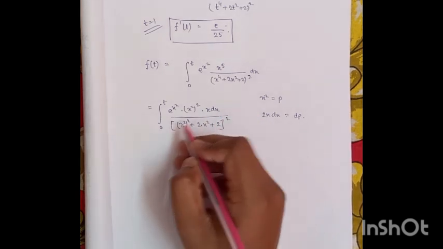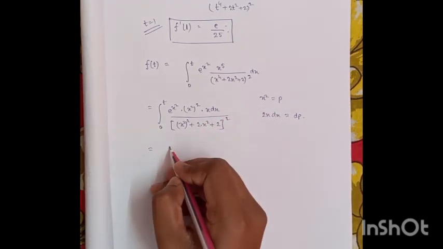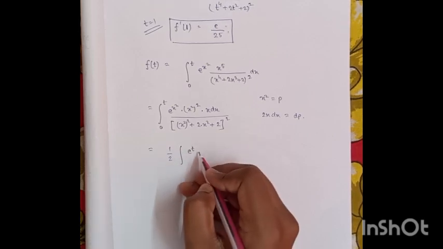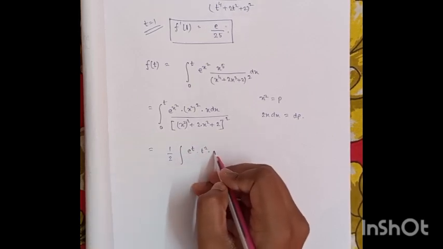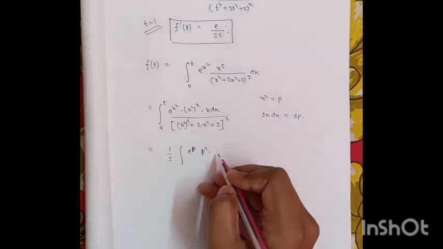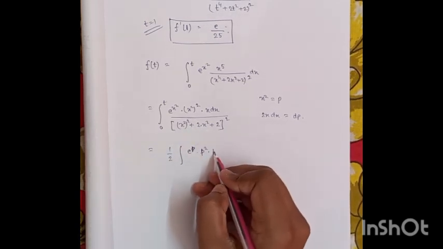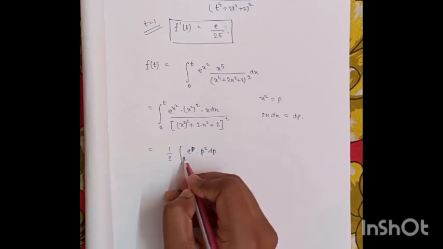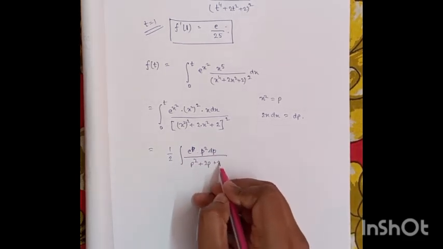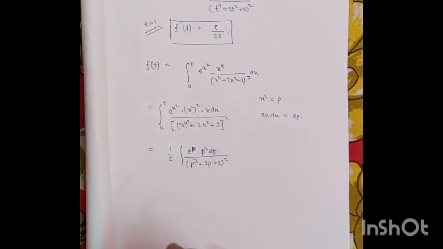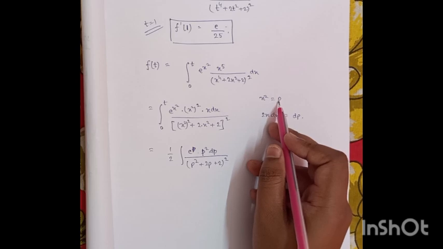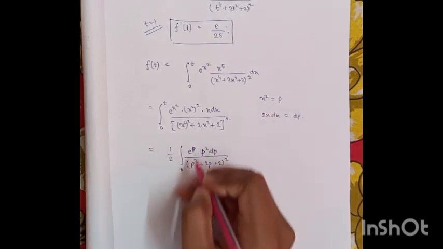So if we substitute these values, it becomes half integration e to the power p into p square into dp divided by p square plus 2p plus 2 whole square, and the limit will be from 0 to t square.